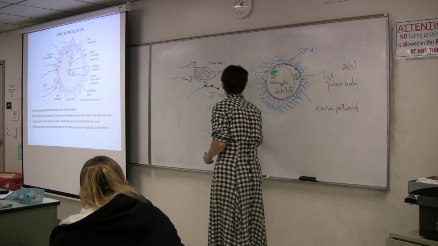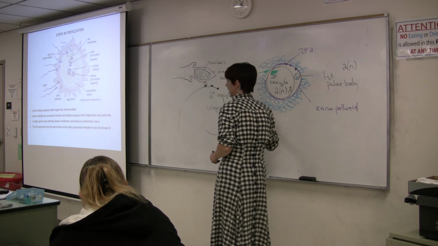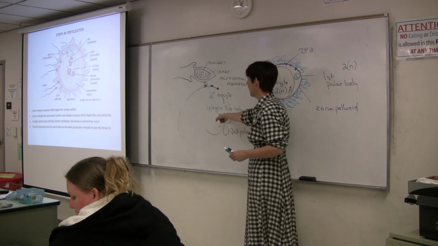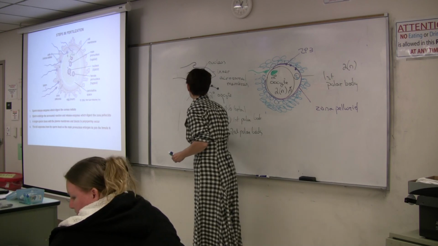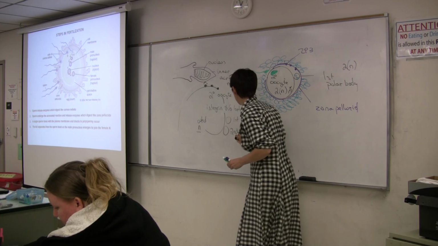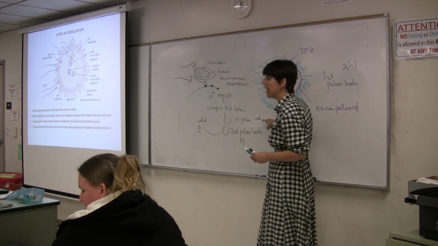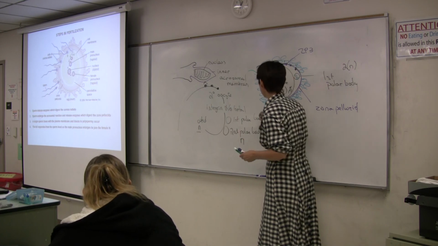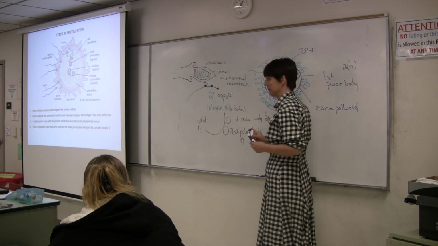This was our first polar body, still inside the zona pellucida. All right, so now our cell is an ootid, n, and our second polar body is n. Our first polar body may divide again. If it doesn't, then it's still going to be 2n.